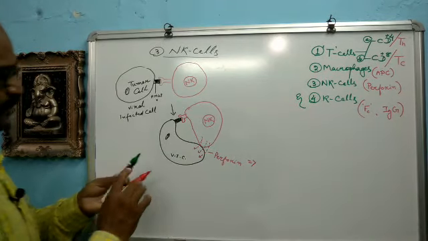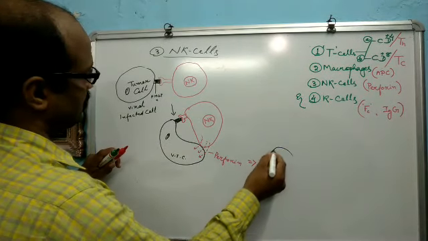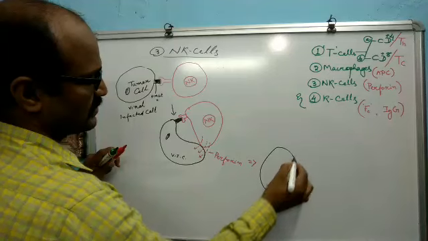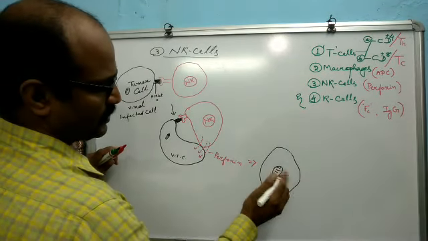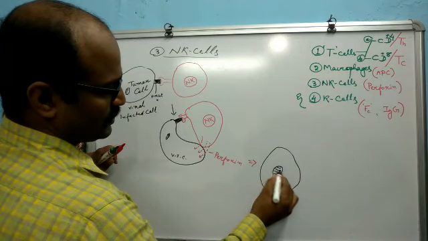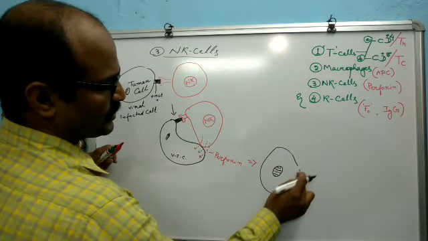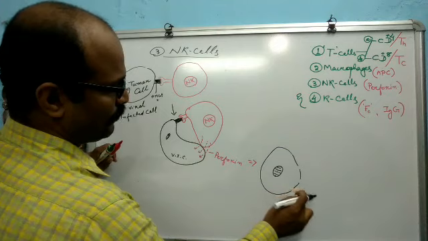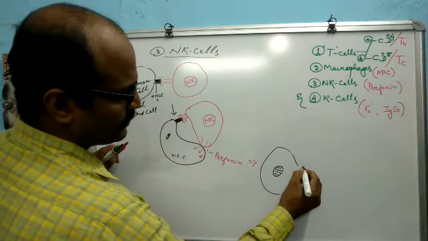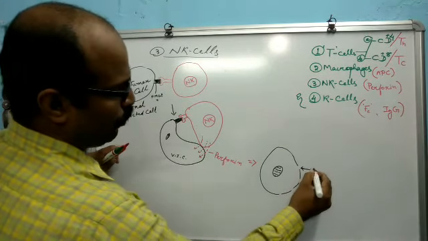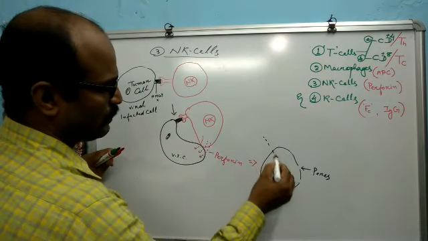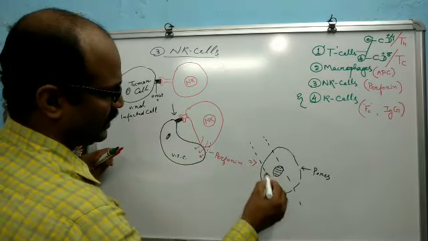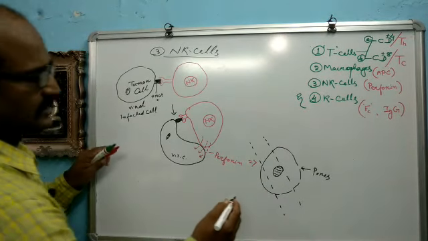Because of the secretion of perforin, the tumor cells or viral infected cells become porous, because the perforin chemical makes pores on the surface of the viral infected cell or the tumor cells.